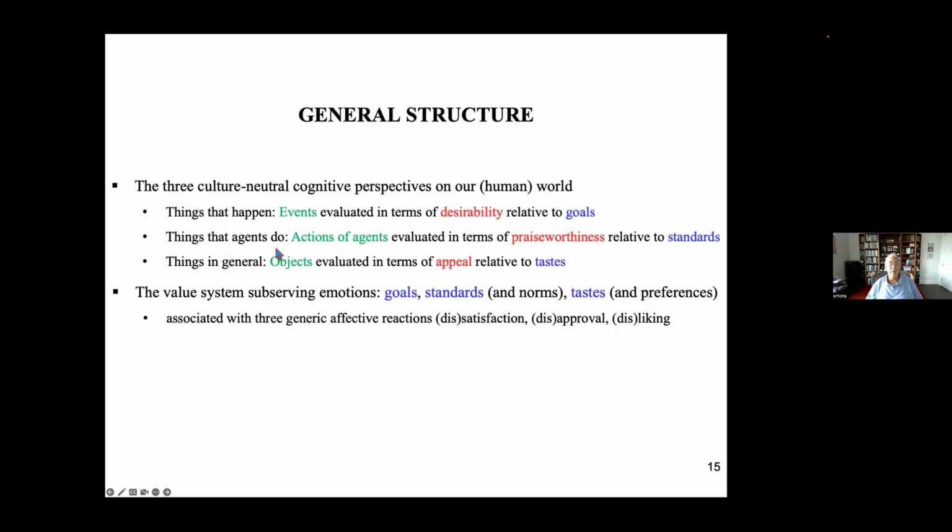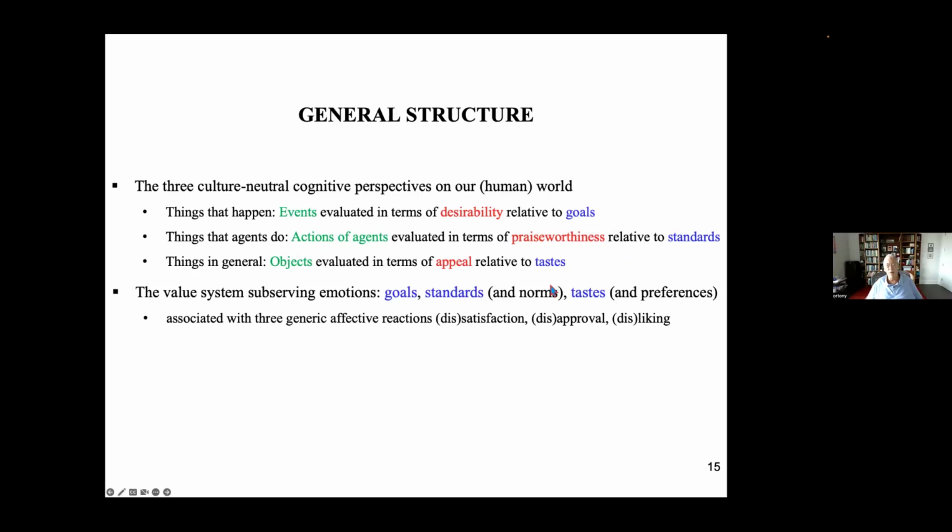The things that people do, we'll call them agents more generally. The actions of agents are evaluated in terms of the praiseworthiness of what they do relative to standards. And the things in general, objects, are evaluated in terms of how appealing they are relative to tastes. And we think of these, goals, standards, and tastes, as basically being the value system that subserves emotions in general.